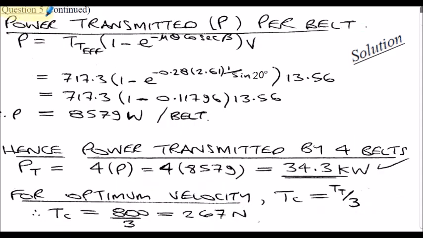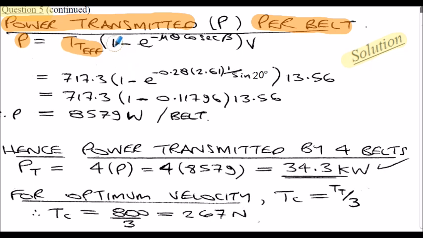Question 5, the solution continued. So now we're able to determine the power transmitted per belt for the original conditions stated in the question. So here's our equation for power. Tt minus Tc is our T effective value.